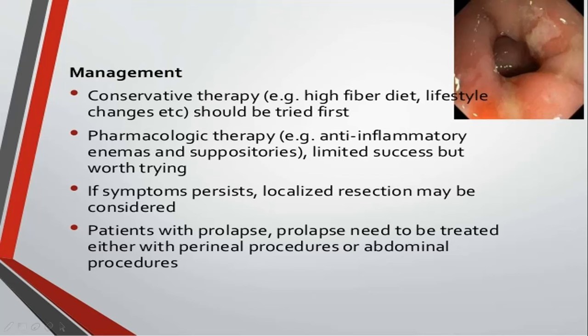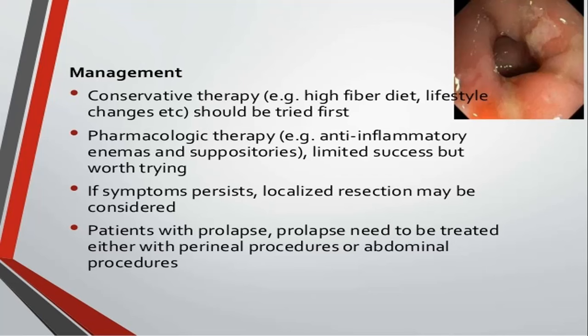So what is the management? Conservative therapy, simple. Go for conservative management, or if the patient has any associated pathology, you have to deal with that pathology. What is the conservative management? Simply give the patient a high fiber diet. Lifestyle changes should be started first.